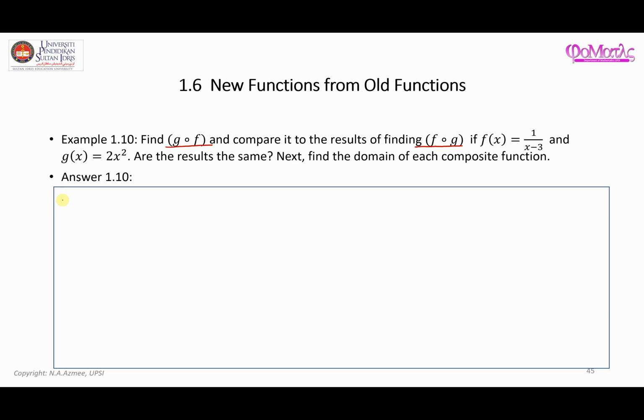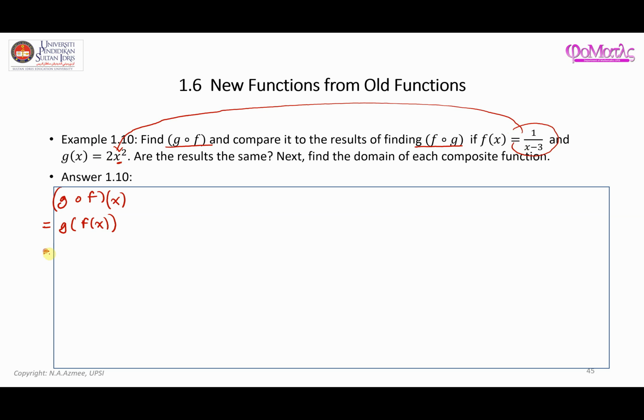Okay, so first step is to find g composed of f of x, and this is simply g of f of x. Basically it is saying that we are going to replace x with f of x. So this is going to be replacing x in function g of x.